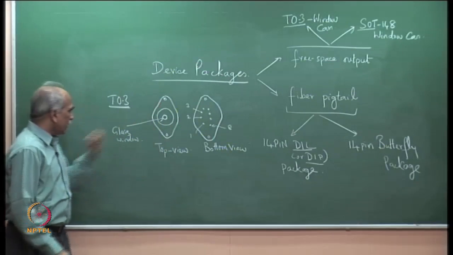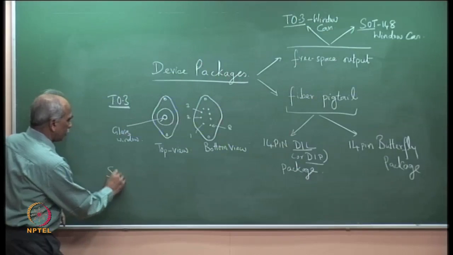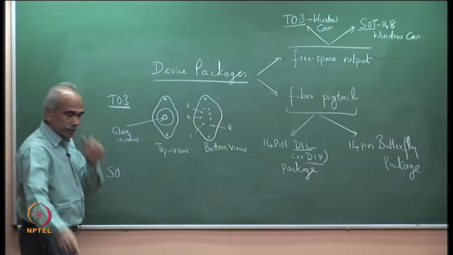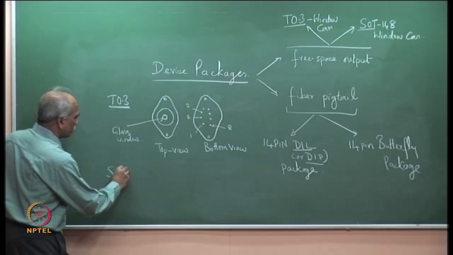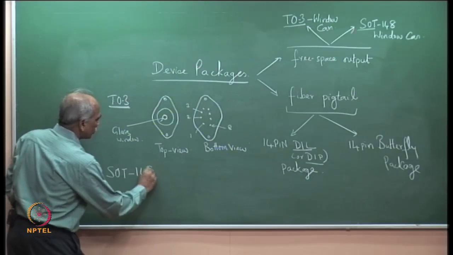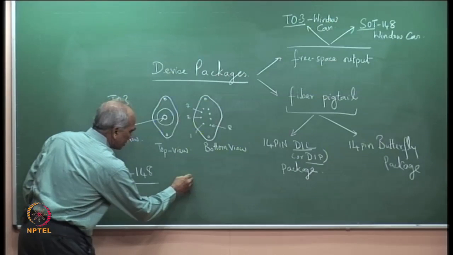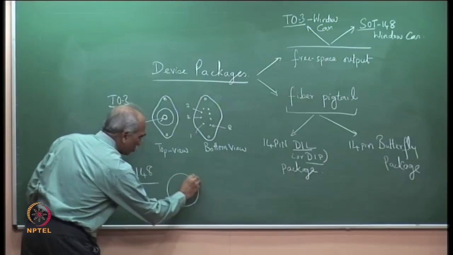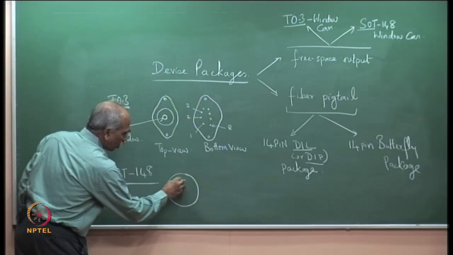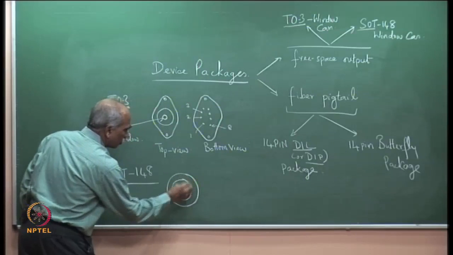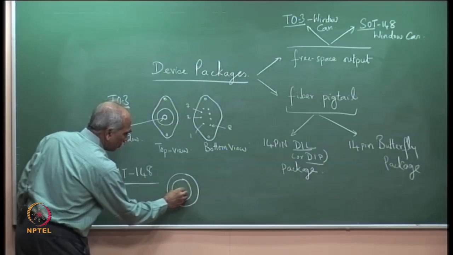I will show you the next one, SOT 148, because I also have those SOT 148 packages. This looks like this. The top is circular. The top view is this, with a window.